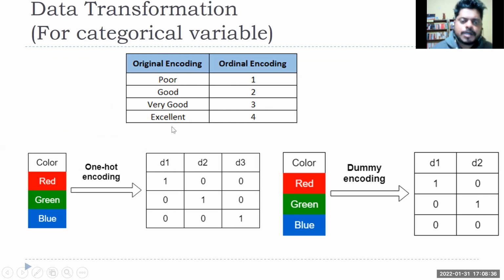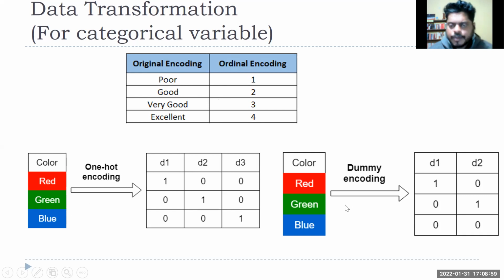So what I'll do, I'll encode poor as 1, good as 2, very good 3, excellent 4. This is label encoding, because it is ordinal: I know that 2 is better than 1, 3 is better than 2 and 1, 4 is better than 1, 2, 3.